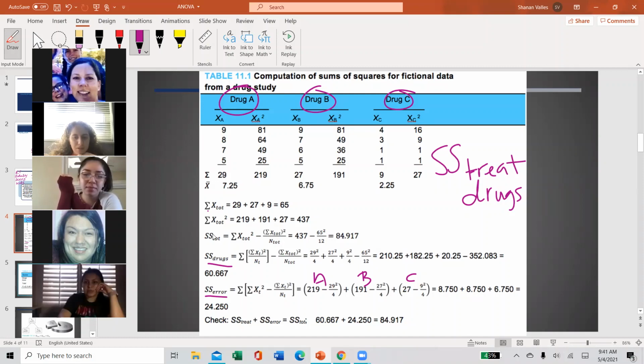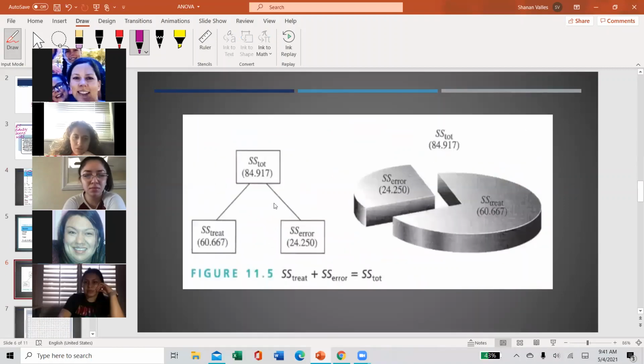SS total really doesn't matter. When we're ultimately calculating everything, it does not even come into play, but we use it as a check system. Let me show you this part now. Actually, I'll skip right here. SS total is just equal to SS treat plus SS error.